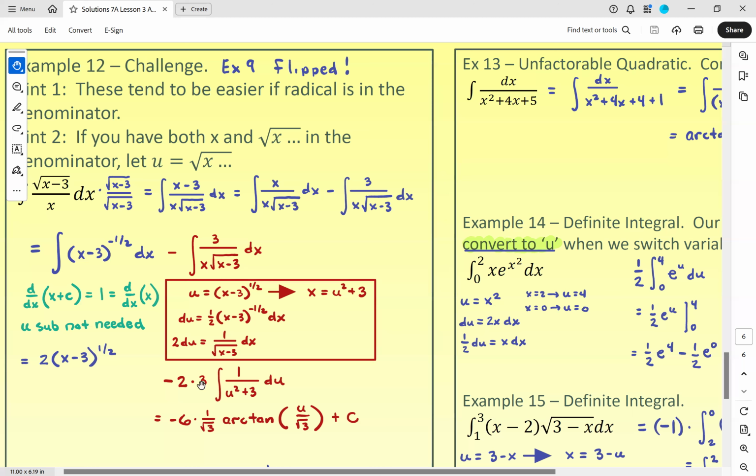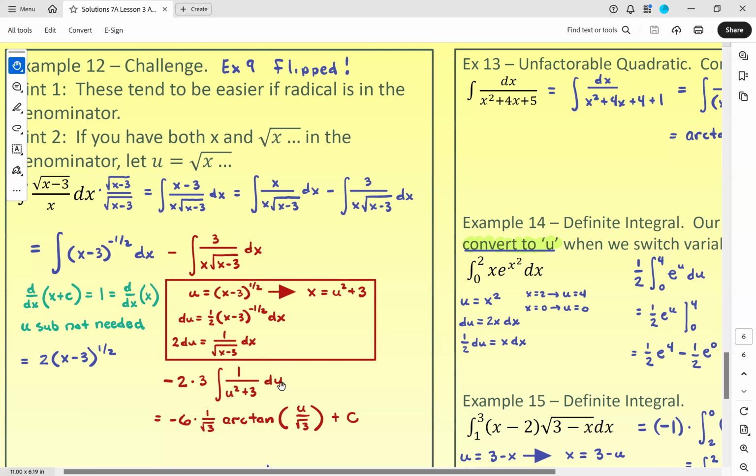I have a minus sign from the original that I'm bringing down. My 1 over root x minus 3 dx from the original is all turned into a 2 times the du. I put the 2 outside. I put the du in its normal spot. And then the rest of the denominator is just a u squared plus 3.